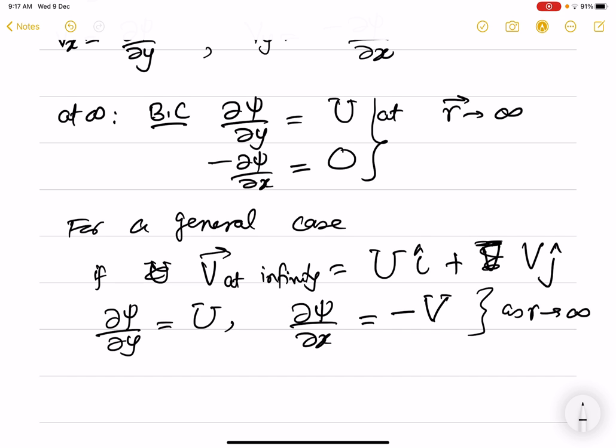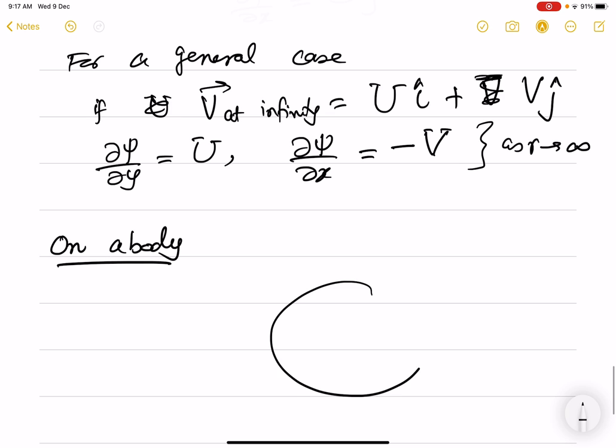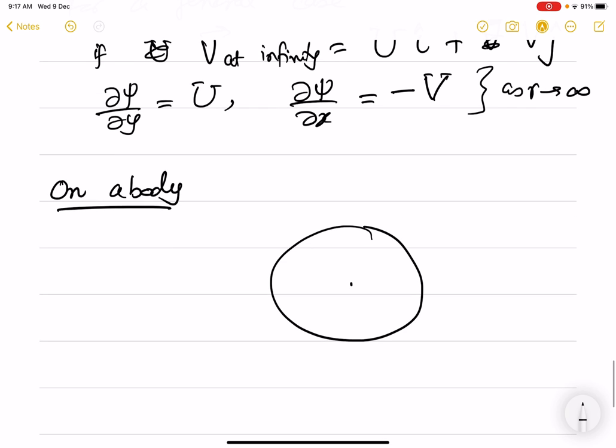Now this is one case. Secondly, if there is a body, for example, if we have this cylinder somewhere in the flow, in 2D this is a cylinder which will be a circle. Now on a body, what type of boundary condition do we have on a streamline?